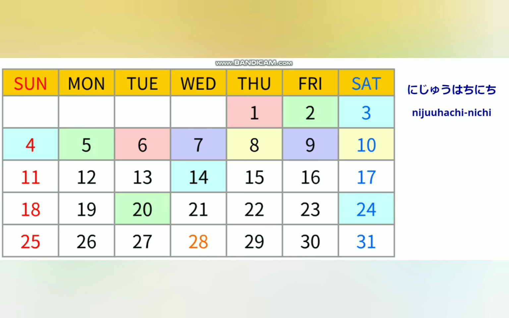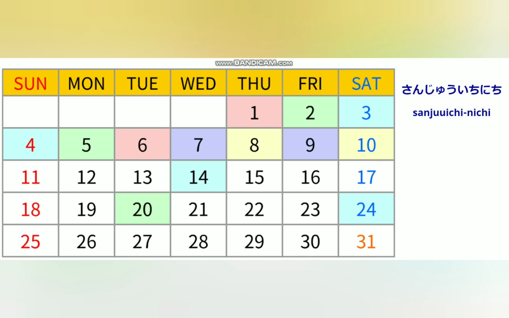Again, 28日 for 28. 29, 29日. Again, 29日. 29. 30th, 30日. Again, 30日 for the 30th. And then lastly, 31日 for the 31st. Again, 31日.